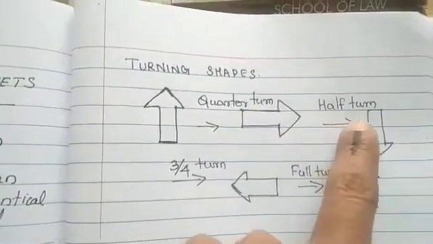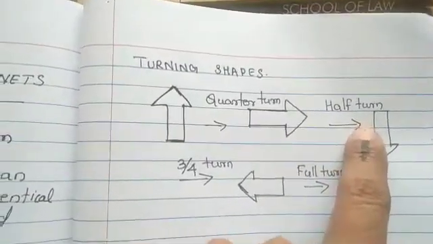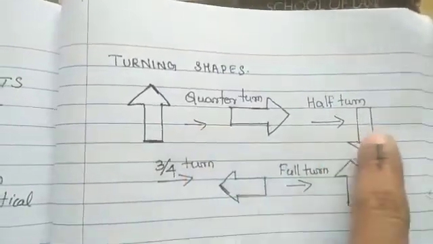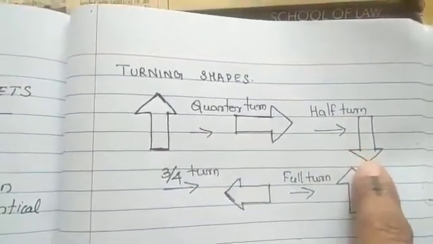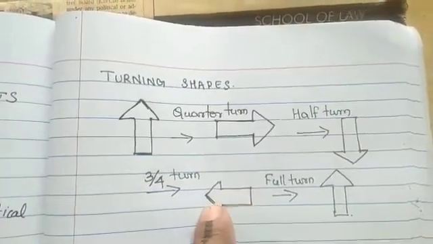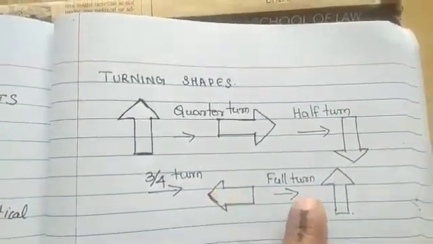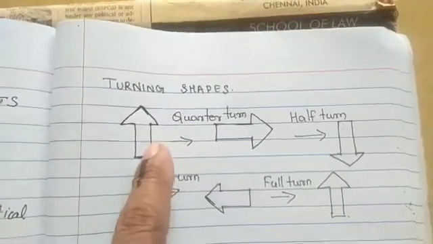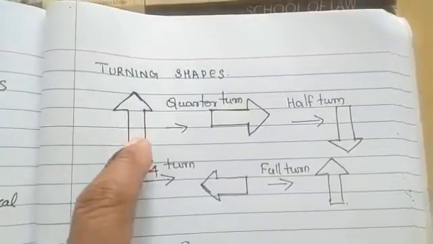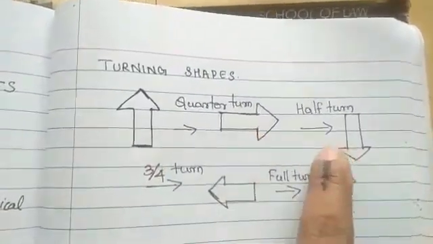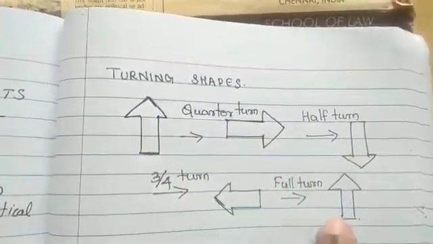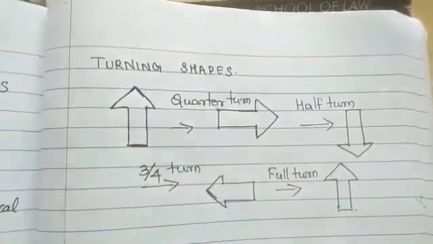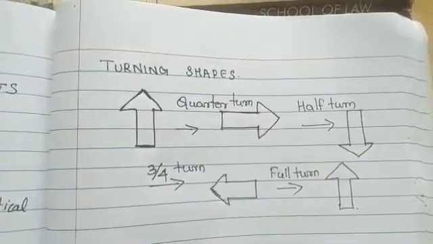Again, if we rotate once more, quarter turn, that means it's a half turn, you will get a figure like this. Again, one more turn you will get this, and at last a full turn you will get the first position. Okay, so quarter turn, half turn, 3/4 turn and full turn, you will get the first figure. These are the turning shapes.